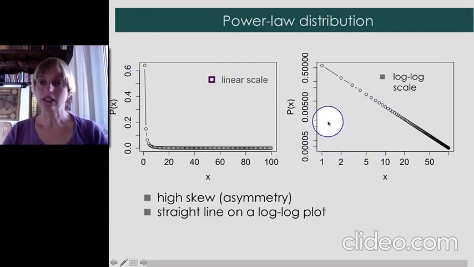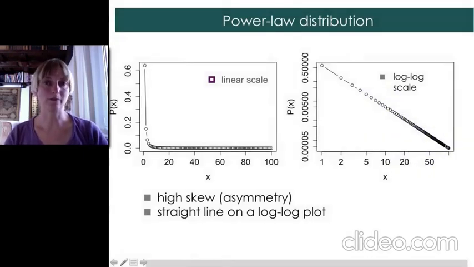But if we look at the log-log scale, we can see that even though it's not very likely, just a fraction of a percent, that someone would have degree 40, it's not negligible. And in fact, this is what is called a heavy tail. That is, the probability drops, but it doesn't drop exponentially. It doesn't do this. Instead, it keeps going decade after decade.